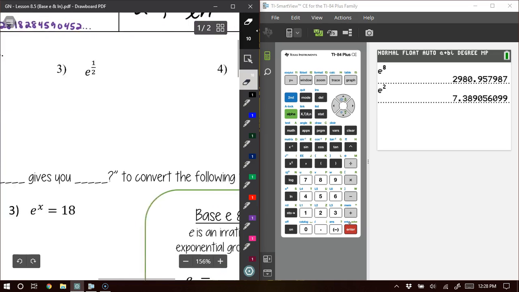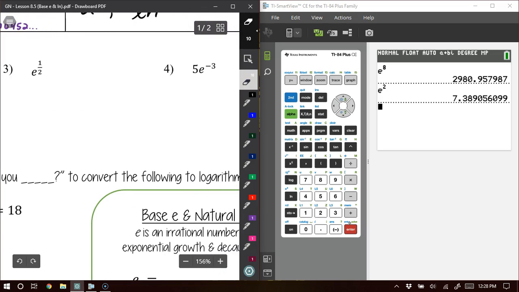And so let's look at 3 and 4. Number 3 is e to the 1/2. If I have a fraction exponent, I just do 1 divided by 2. Now mine does this superscript. If yours doesn't do the superscript, when you have more than one number, you're going to want to put it in parentheses, 1 divided by 2.